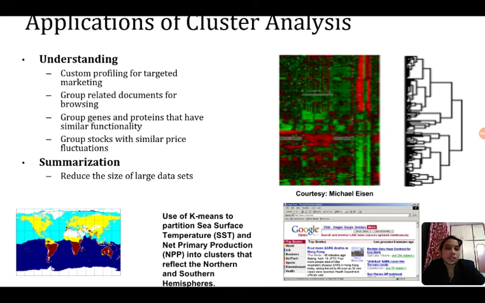Then summarization. Summarization is where I take a large set of data and, out of that, come out with a single value or a minimal value. I'm taking thousands of rows of a particular data and coming out with two or three rows of data.